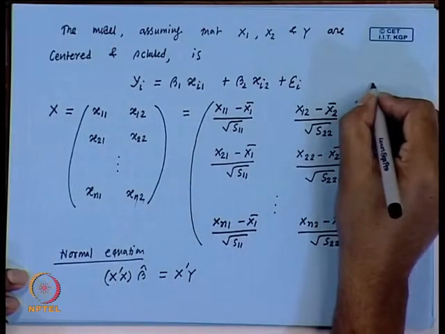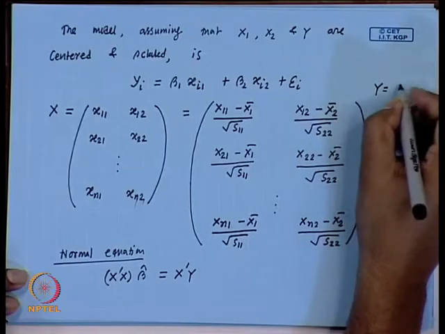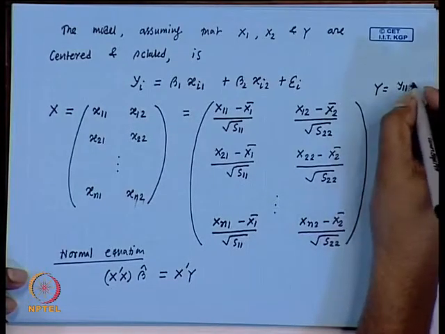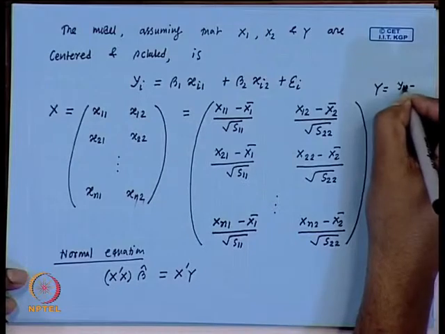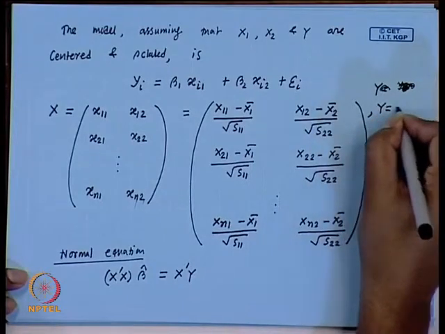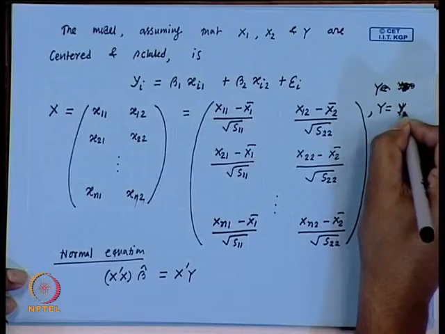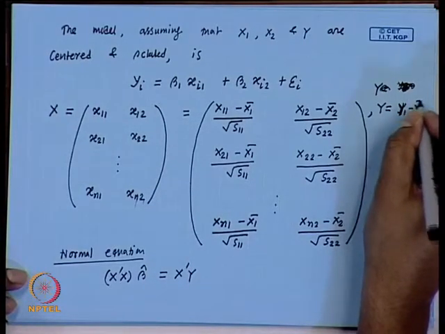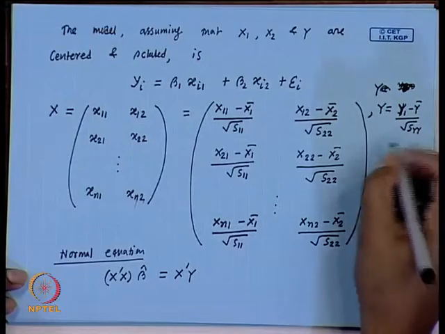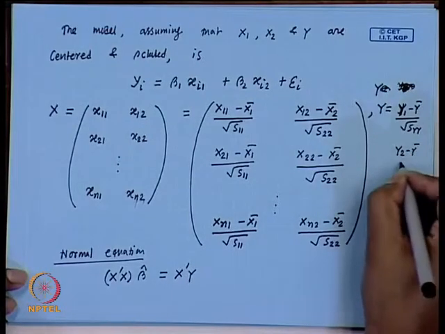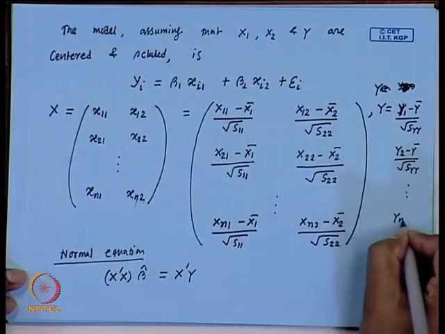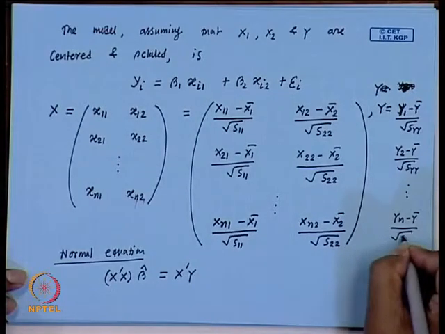Okay, you know what y is. In matrix form, y is (capital Y_1 minus y bar) by root of s_yy, (Y_2 minus y bar) by root of s_yy, similarly (Y_n minus y bar) by root of s_yy.